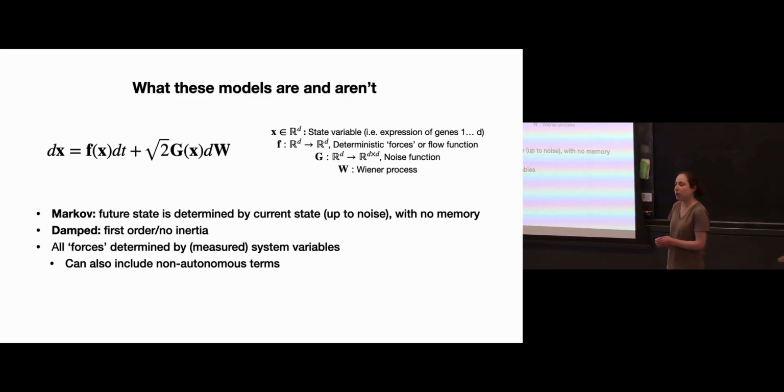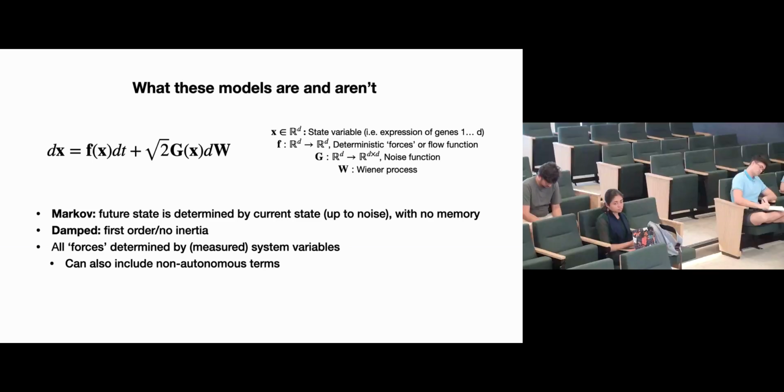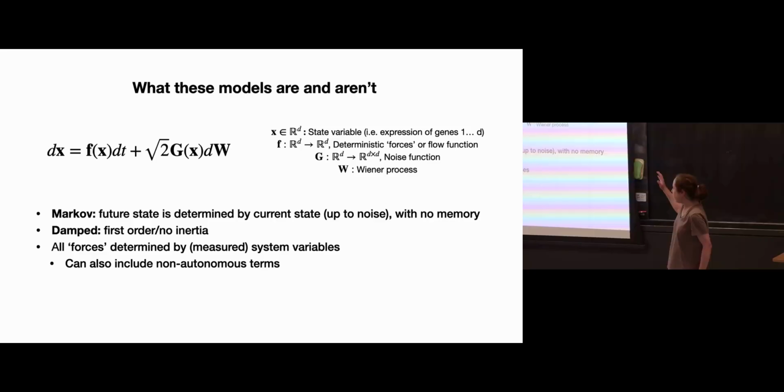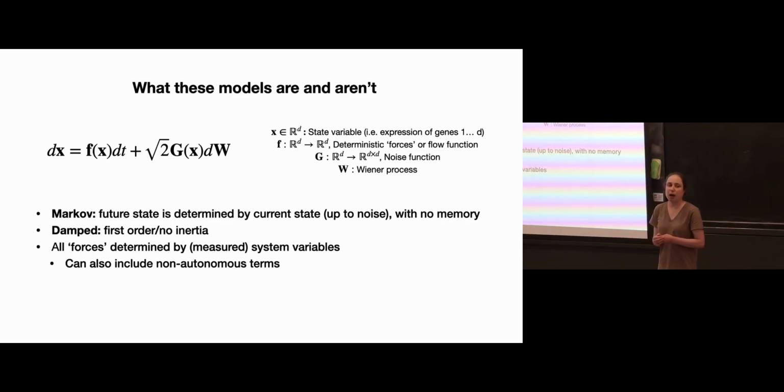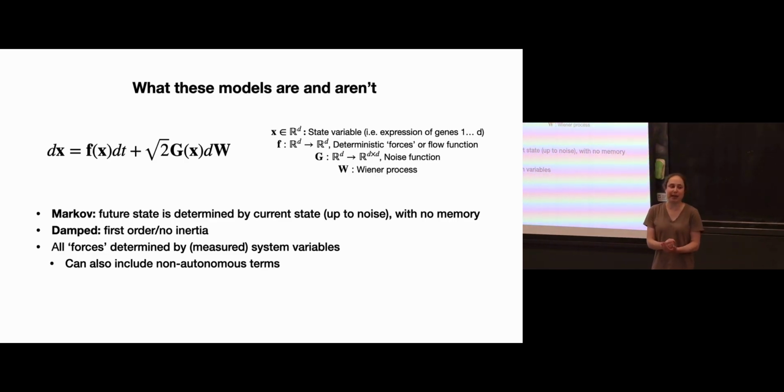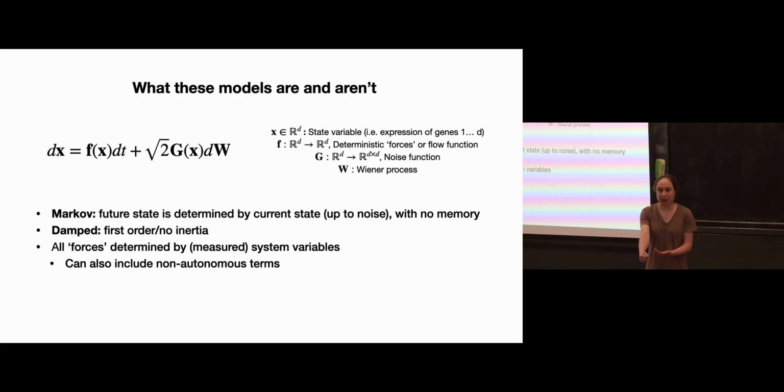This model is quite general, but it doesn't include every possible thing. In particular, it's Markov, right? The basic assumption here is that your current state determines what will happen to you next, up to this noise term. That means that there's no memory, right?